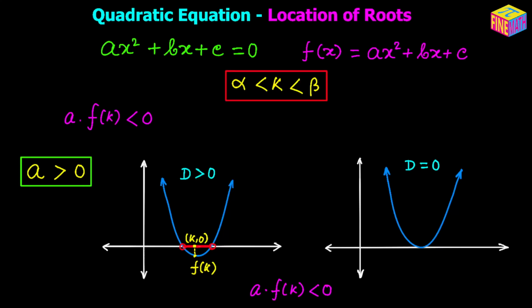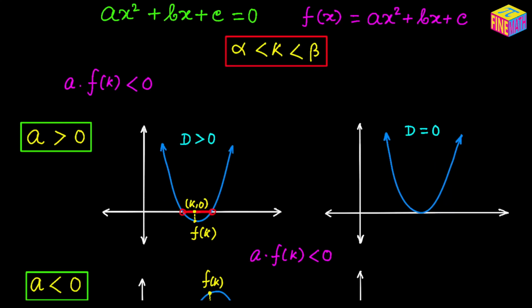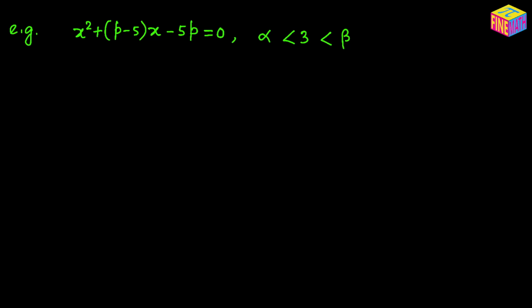Now let's take an example. In fact, I'm going to use the same example that I used in my previous two videos in this series. We have the quadratic equation x squared plus (p minus 5) times x minus 5 times p equals 0. Here we have to find out for what values of p the first root will be less than positive 3 and the second root will be greater than positive 3.